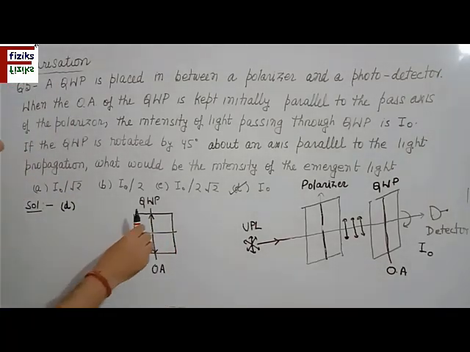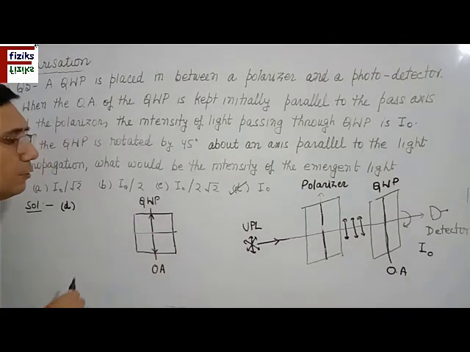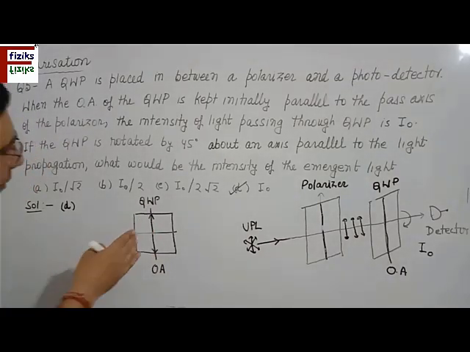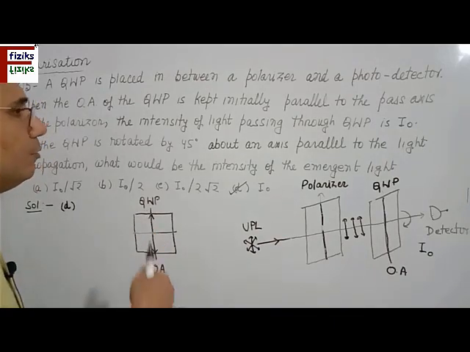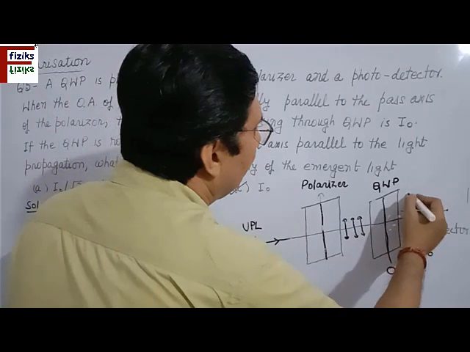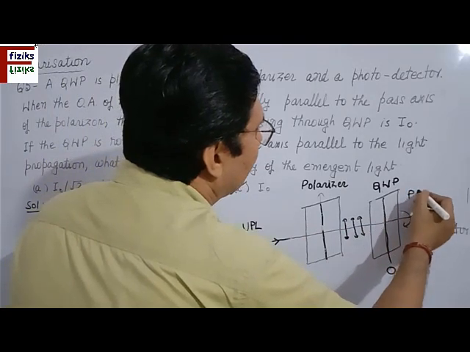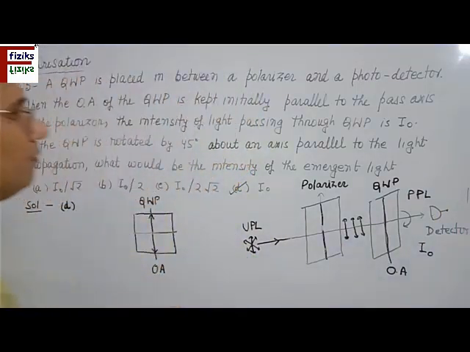These electric vectors will be incident parallel to this optic axis, and they will propagate through this quarter wave plate as E ray only, and this will remain plane polarized light on the emergent side. So on this side we will find plane polarized light, and its amplitude will be the same.